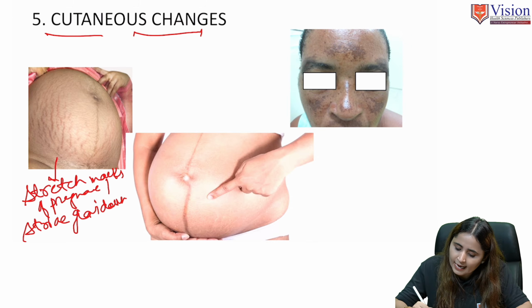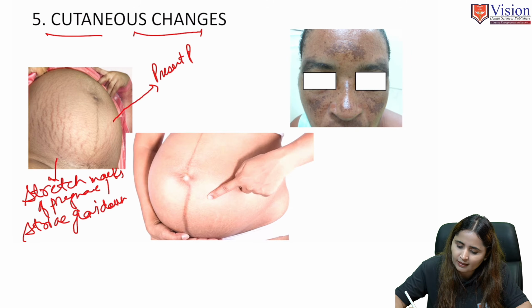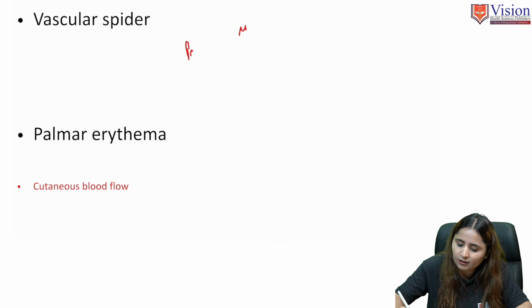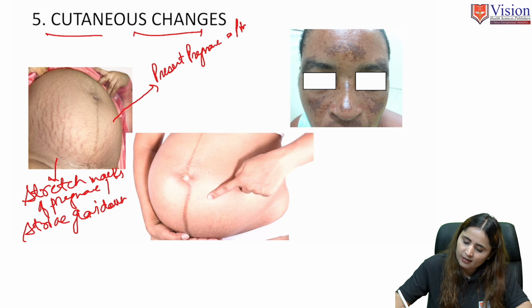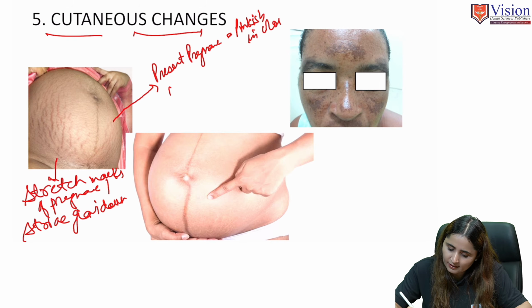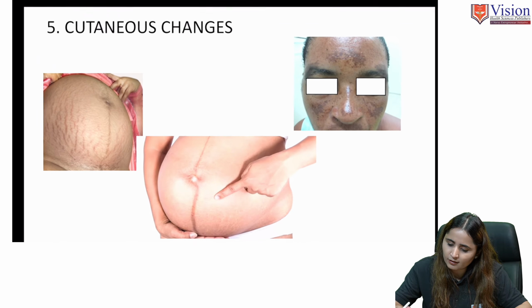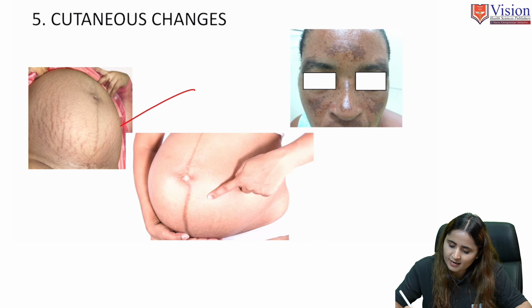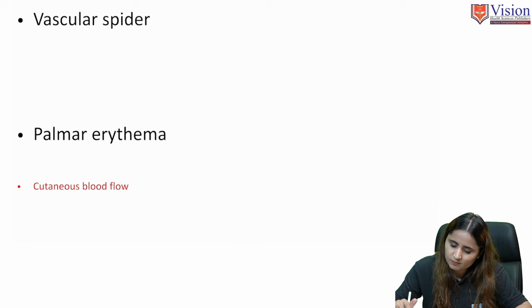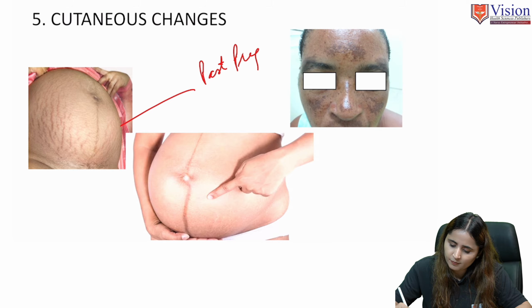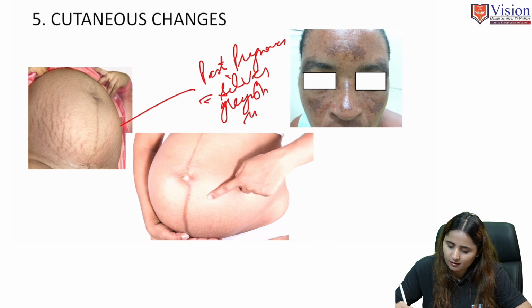Always remember that in the present pregnancy, they are pinkish in color, whereas the stretch marks of a past pregnancy are silver grayish in color.